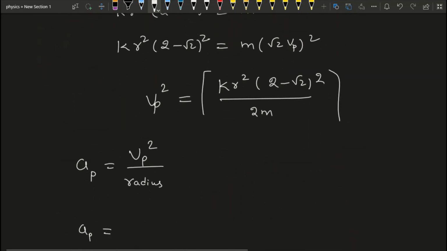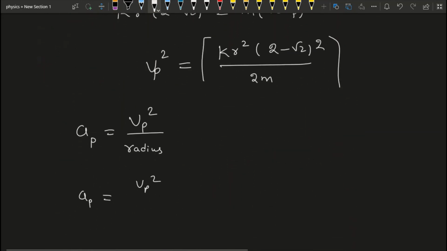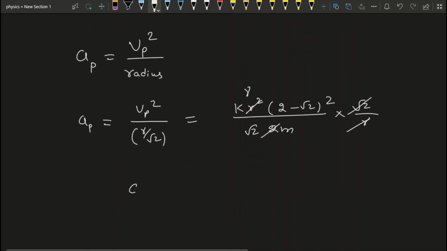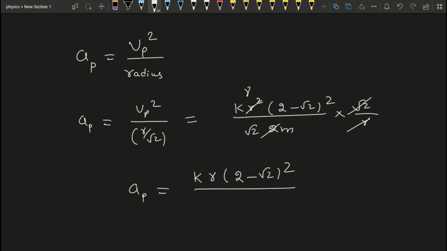So I am just writing that radius here, and the Vp square value we already know, so we can write k into r square into 2 minus root 2 whole square divided by 2m into root 2 by r. So this root 2 gets cancelled here, and r gets cancelled one time. Finally, the acceleration of the point of intersection of the chords is given by k into r into 2 minus root 2 whole square divided by root 2 into m.